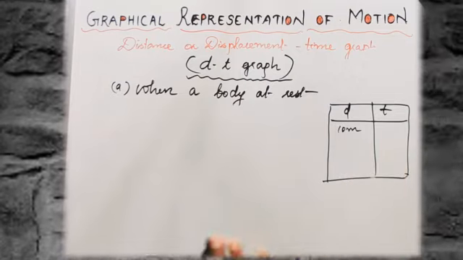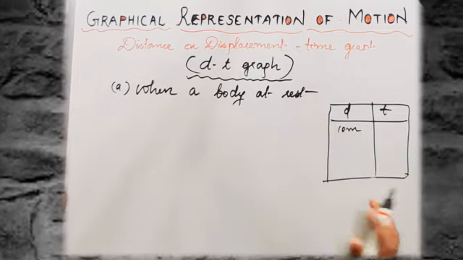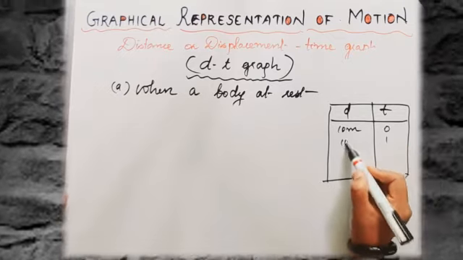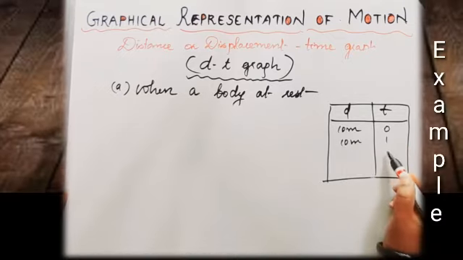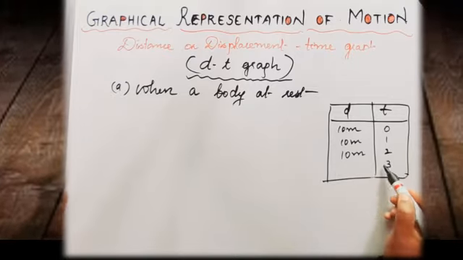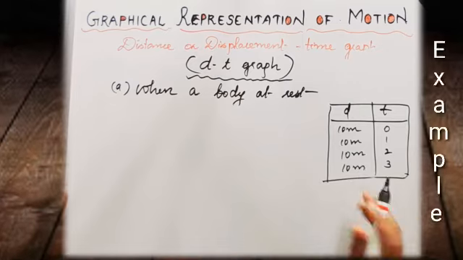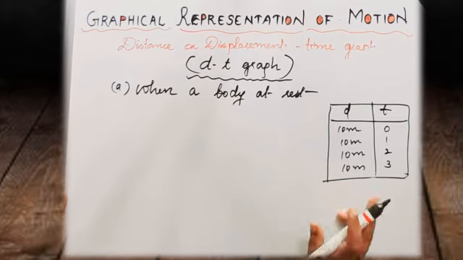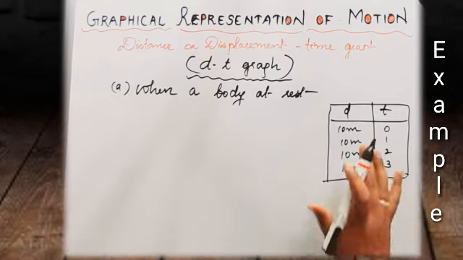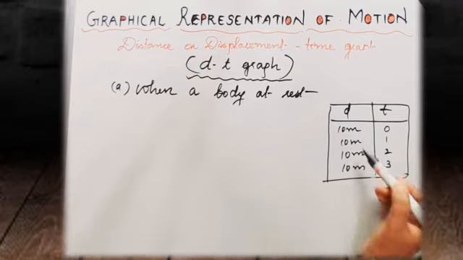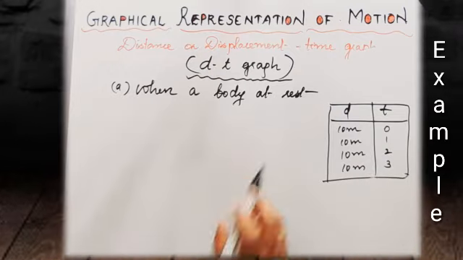Our object is already at a distance of 10 meters, at 0 seconds. At 1 second it is at the same distance. At 2 seconds it is at the same distance, and at the third second it maintains the same position. Is it moving? No, it is already at 10 meters and it maintains that position. It is not moving. That is when a body is at rest.